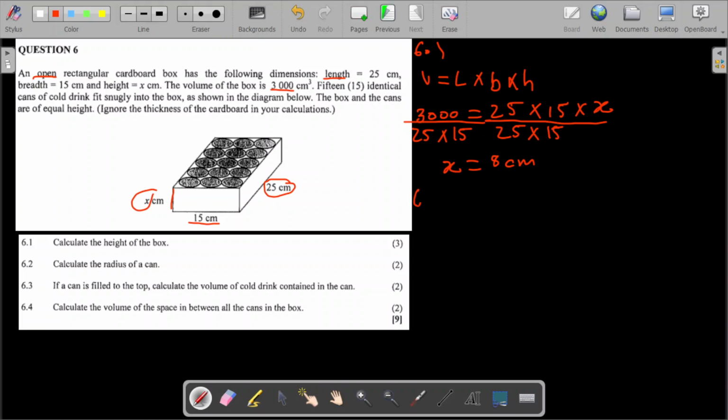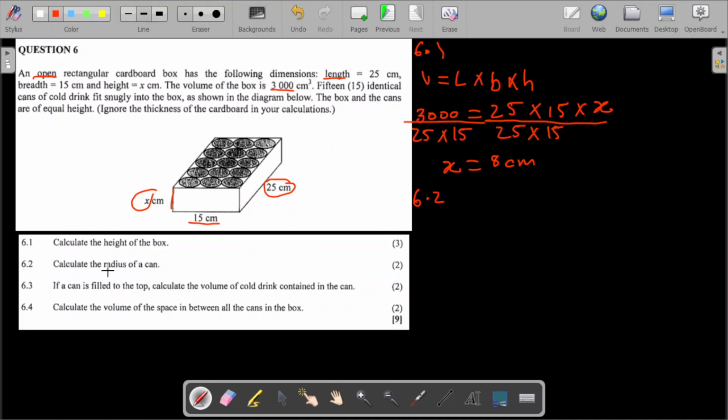Now 6.2: calculate the radius of the can. The length here is 15, and in each row the cans go in threes.